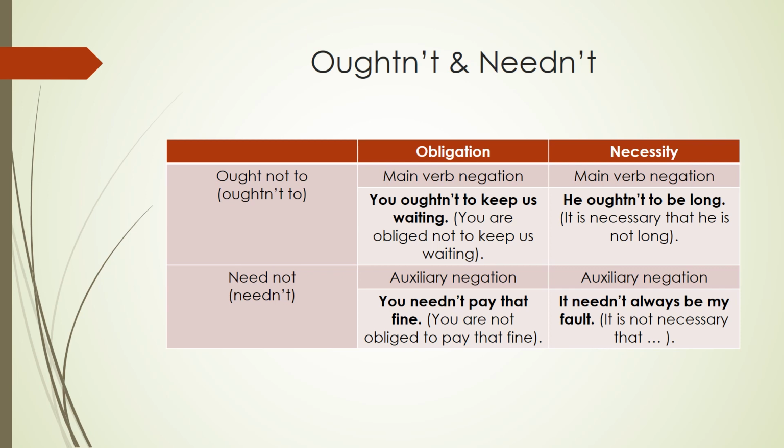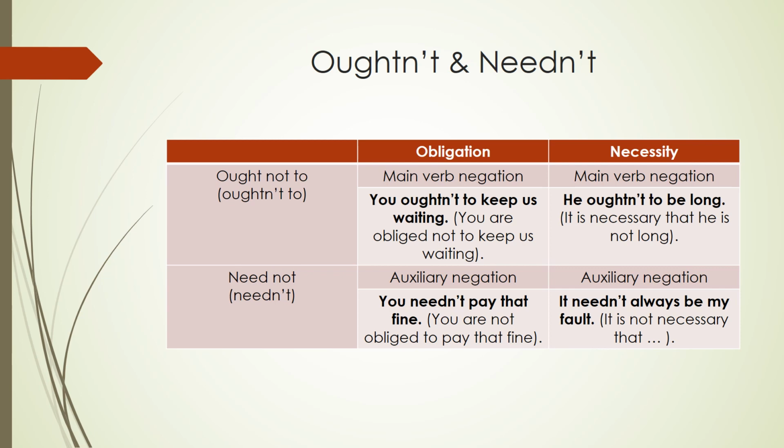For example, to express obligation, we say, for instance, you needn't pay that fine. So what does it mean? It means you are not obliged. You see, you are not obliged. Try to compare it with ought to.